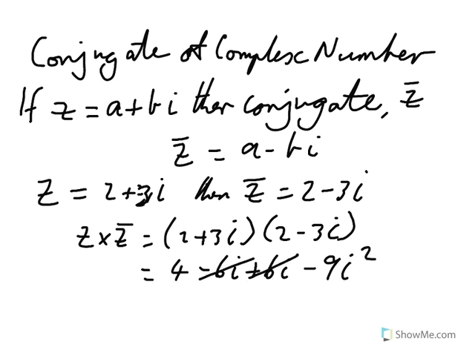These two, of course, cancel. This bit here becomes plus 9, and 4 plus 9 is 13, a real number. So when you multiply something by its conjugate, you end up with a real number.